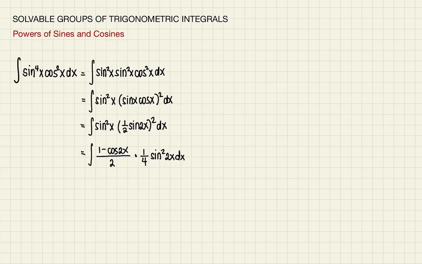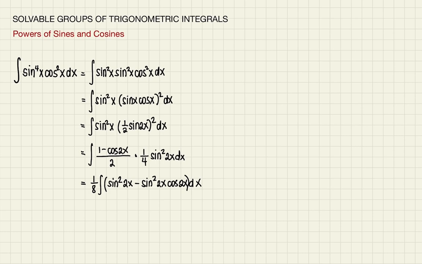So we can put the constant coefficient outside the integral sign, that would give us 1 over 8. 4 times 2, that's 8. And then we can distribute sine squared x to each of the two terms here, which gives us sine squared of 2x minus sine squared of 2x cosine 2x dx.